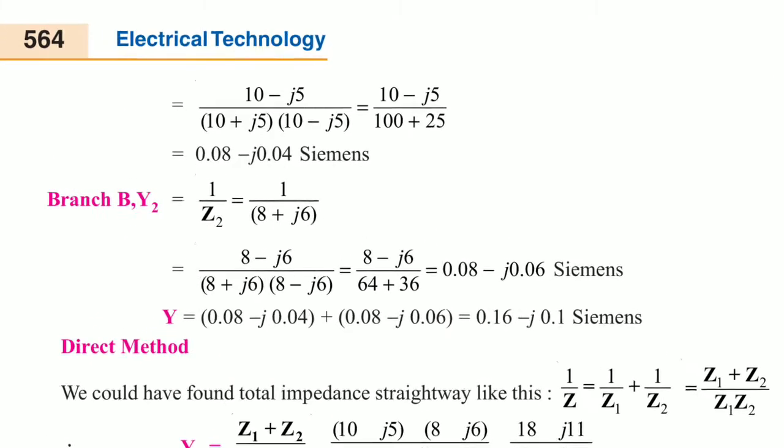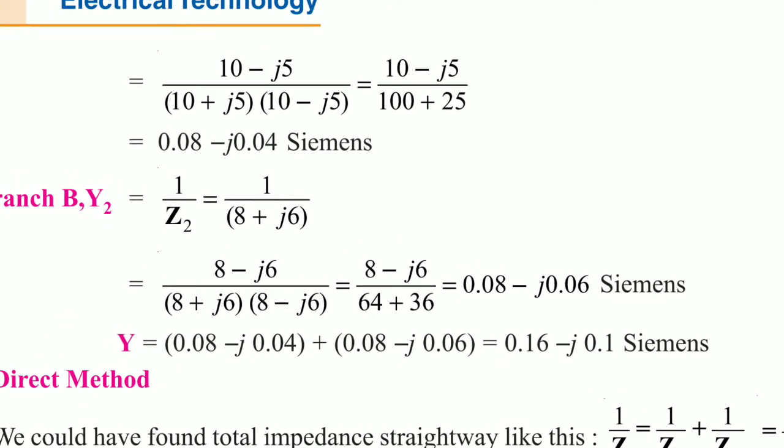Multiplying numerator and denominator by 8 minus J6, that is 8 minus J6 divided by 8 plus J6 into 8 minus J6, that is equal to 8 minus J6 divided by 64 plus 36.